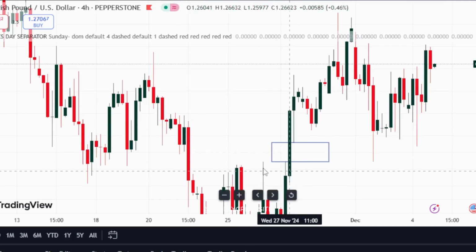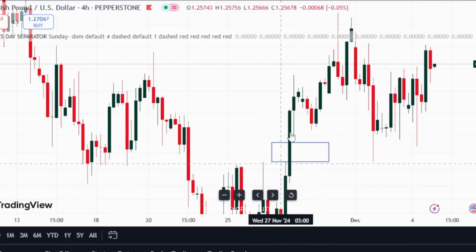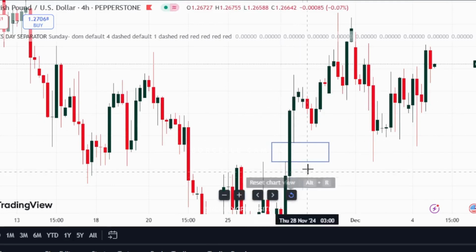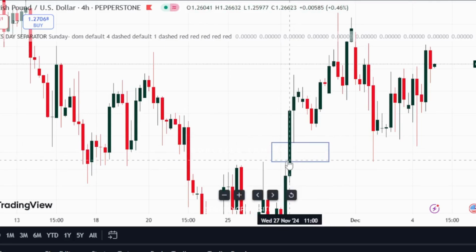You can see the wick of this first candle gets to this place, the shadow of the second candle goes to this, but in between this space is the only part of this candle that is not interfered with by the price action of this other candle and this other candle.